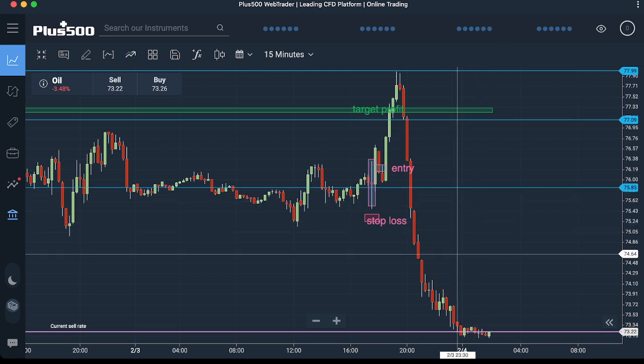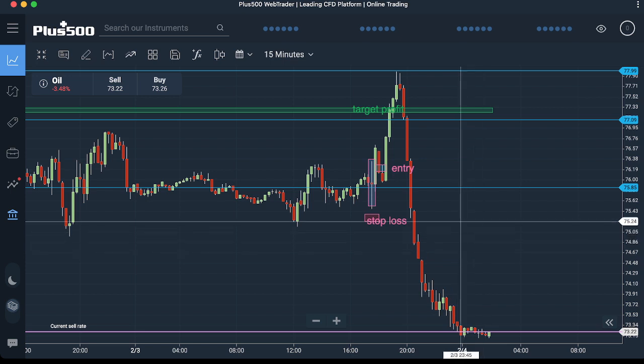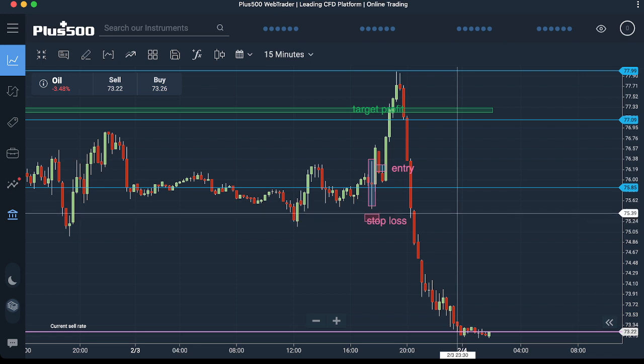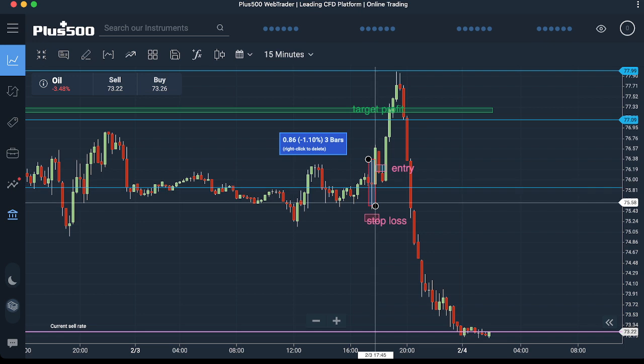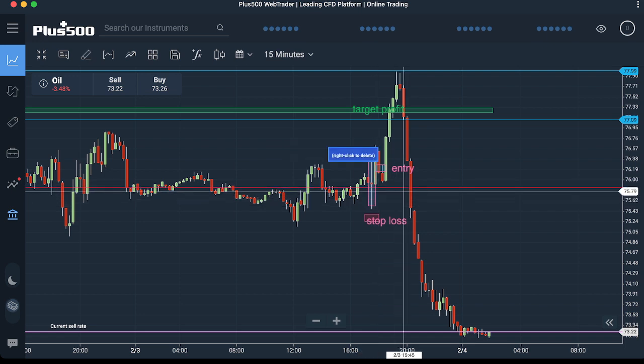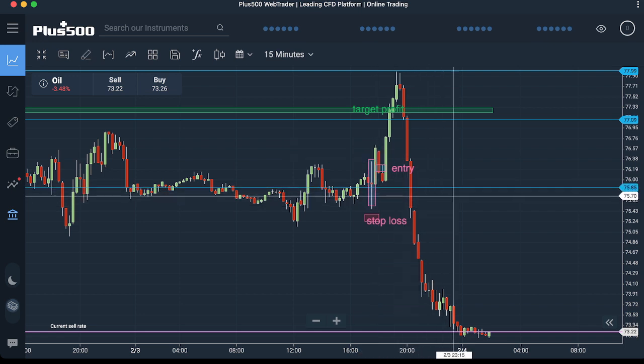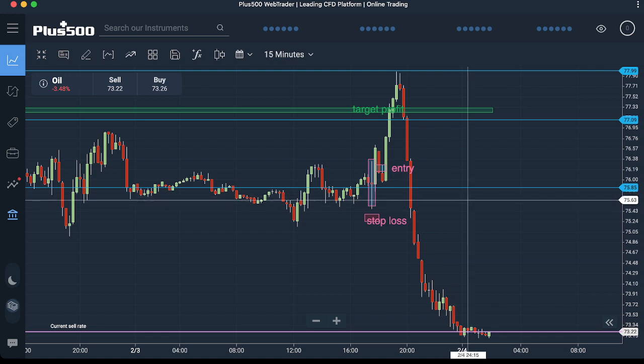This is the rule which we discussed in the first part of this series. Okay, so that means after this candle closed, the stop loss should be, like the blue line is 75.85, so you could put a stop loss at maximum 75.65.